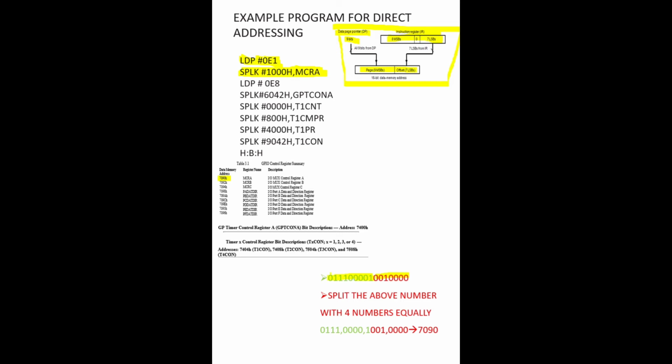If you read this together, split the above number into 4 numbers equally: the first 4 bits, then the next 4 bits, then the next 4, and then the next 4.